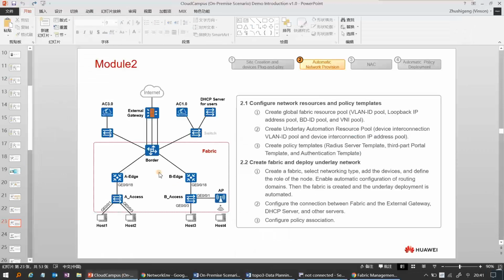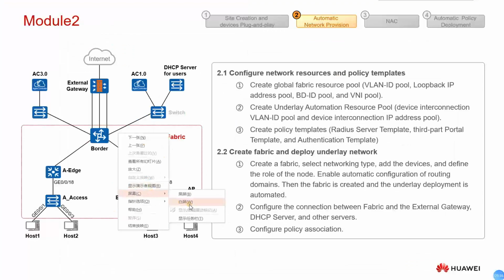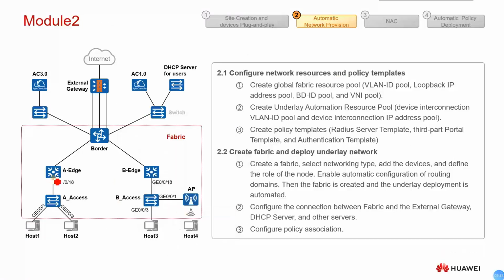What does that mean? For example, we all know that we have already enabled the authentication on this interface, and we assigned the authentication template to this interface, right? And for these two interfaces of A access, we can inherit the authentication template of the authentication control point port.